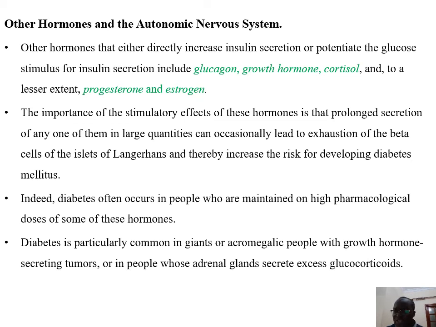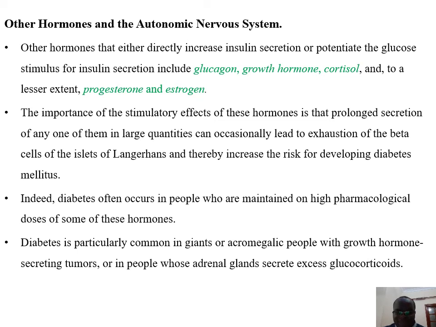So it means that the cells won't be responding to insulin, because the effect of insulin on the cells will be inhibited by growth hormone. That in itself results in an increase in glucose levels, and those glucose levels can overstimulate the production of insulin by the beta cells, and the beta cells undergo degeneration. That will also result in a full-blown picture of diabetes mellitus.